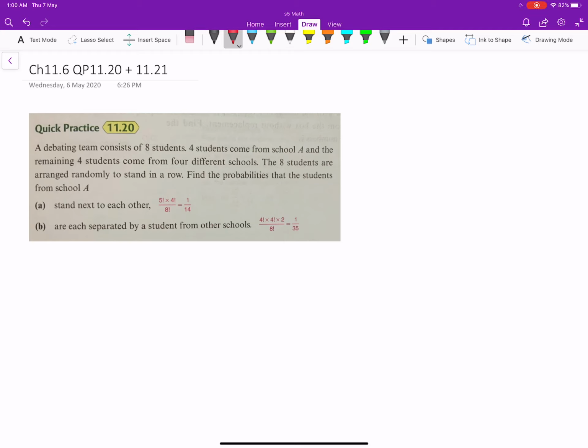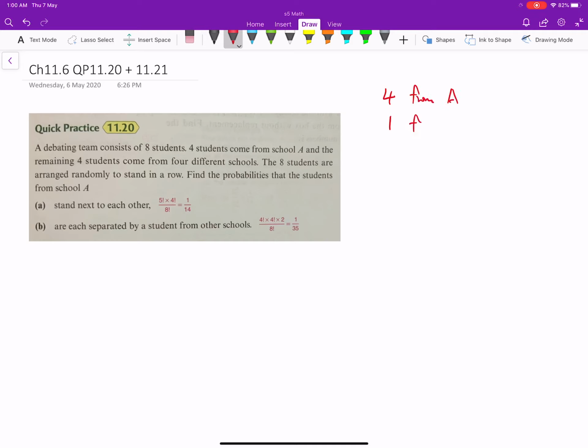Okay, we'll go to quick practice 11.20 and 11.21 in this video. So a debating team consists of 8 students. 4 students come from school A, and the remaining 4 students come from 4 different schools. So now we get 8 students, right? And 4 students from school A, and all others come from different schools.